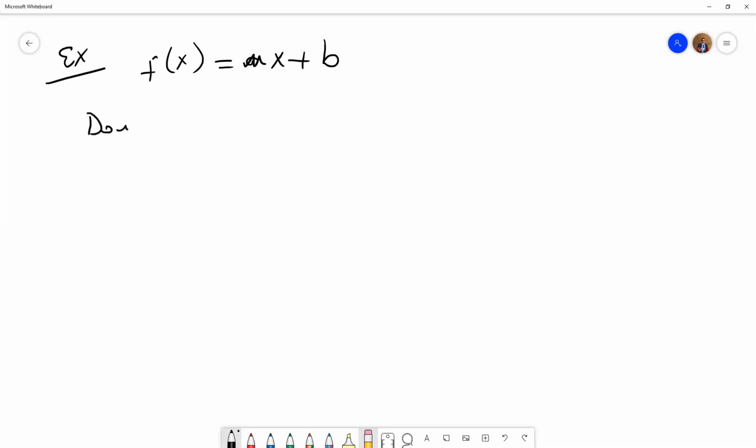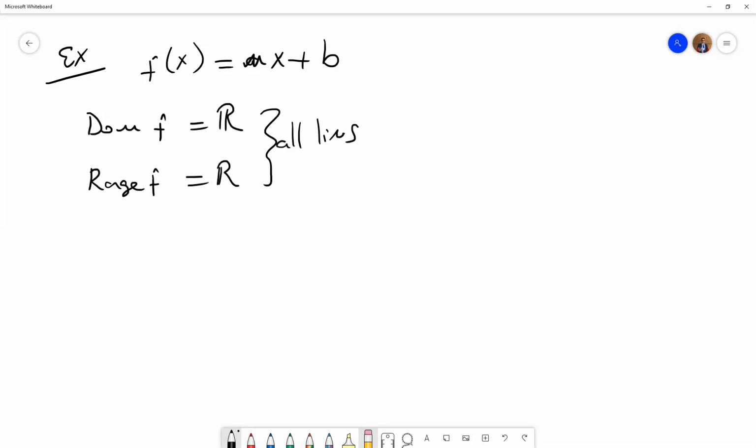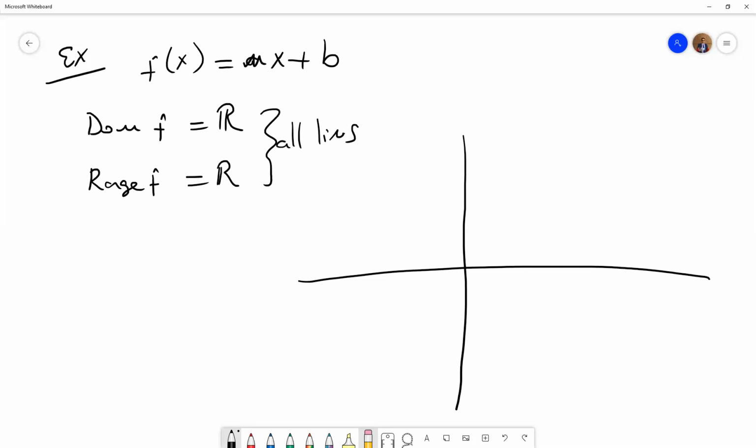Here the domain of f is real numbers, and the range of f is, again, real numbers. This is true for all lines. What do I mean by saying all lines?